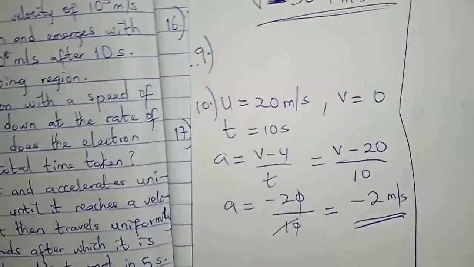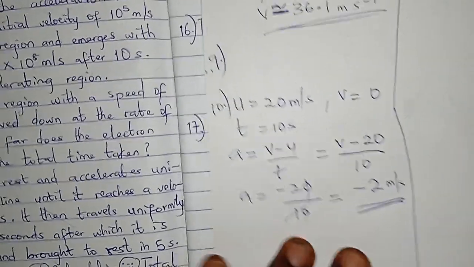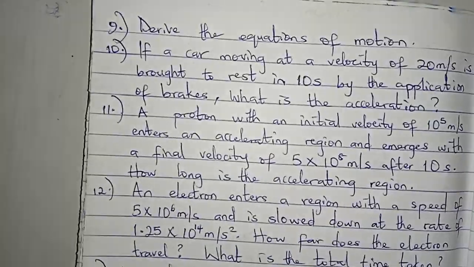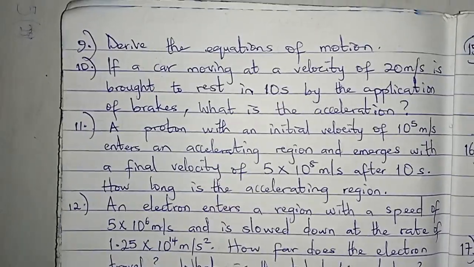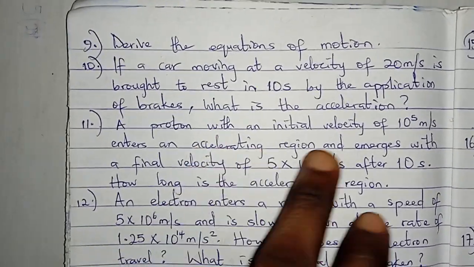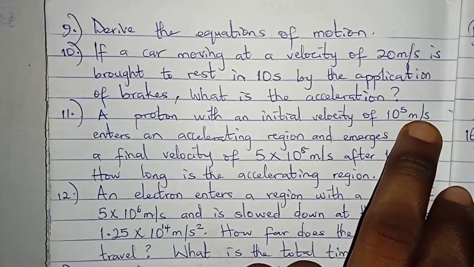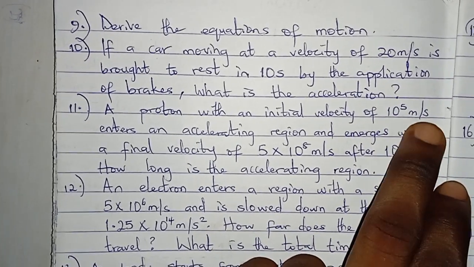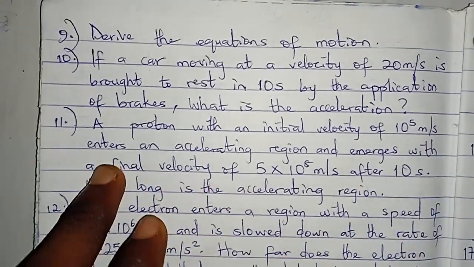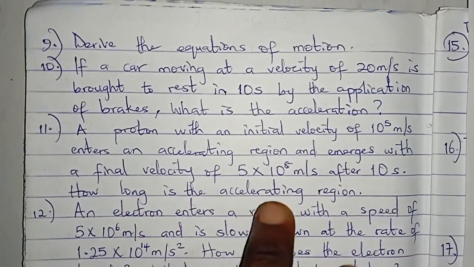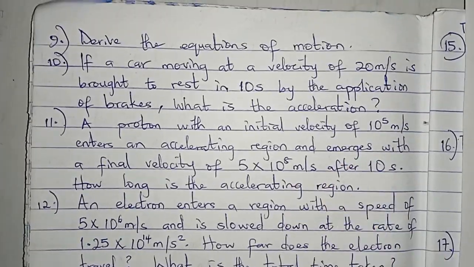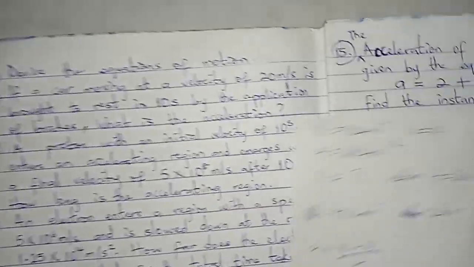Let's move to question 11. A proton with an initial velocity of 10 raised to power 5 meters per second enters an accelerating region and emerges with a final velocity of 5 times 10 raised to power 8 meters per second. How long is the accelerating region? Simple question.